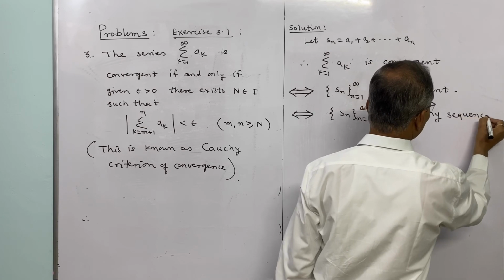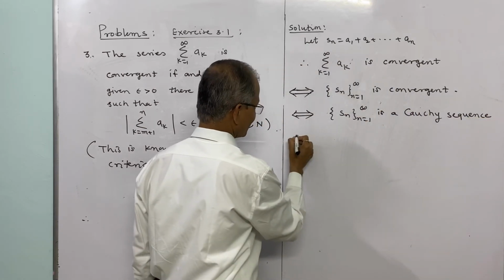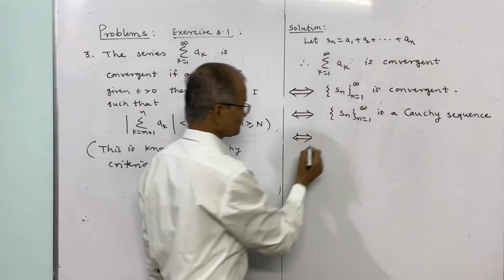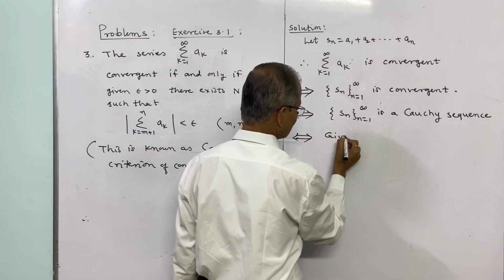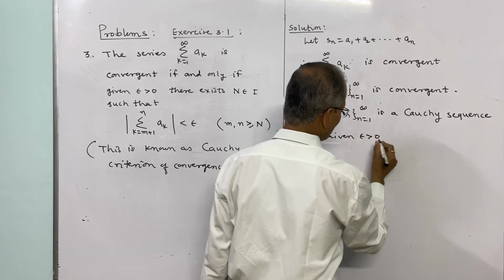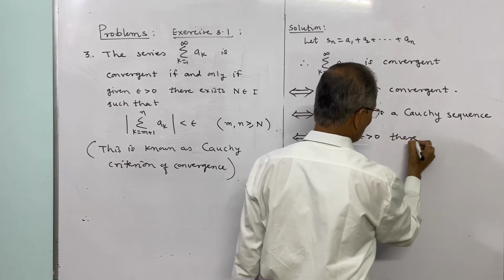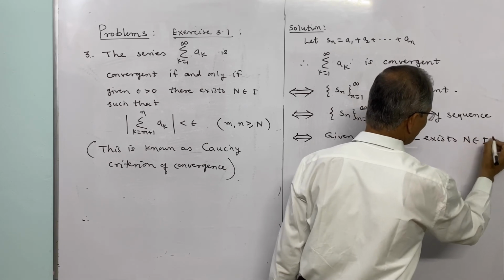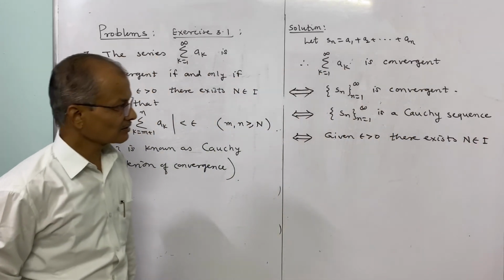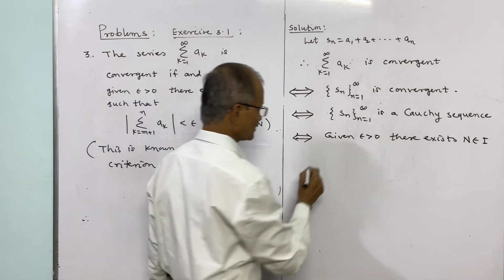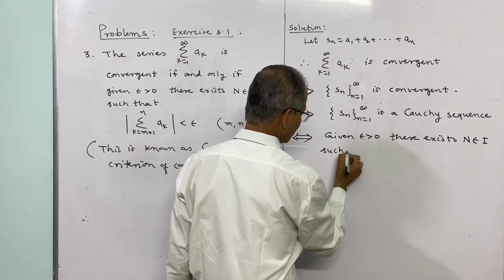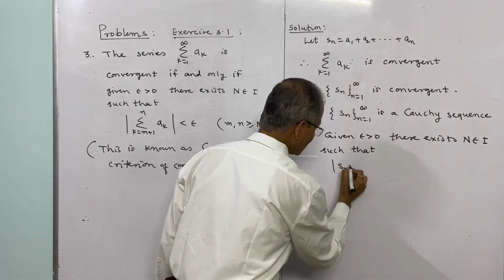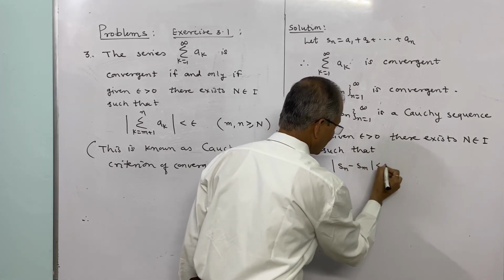Now we use the definition of a Cauchy sequence. So this implies and is implied by: given epsilon greater than 0, there exists a natural number capital N such that the absolute difference of the nth term and the mth term is less than epsilon.